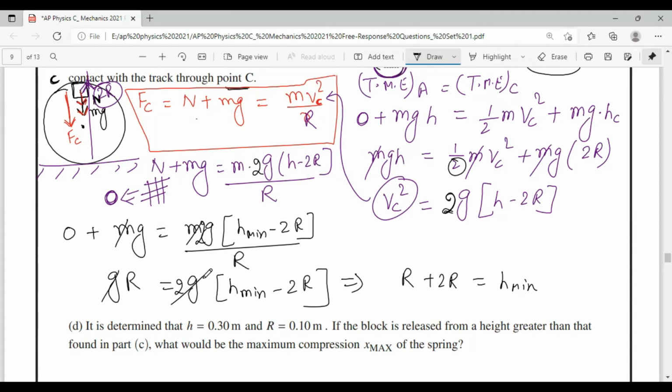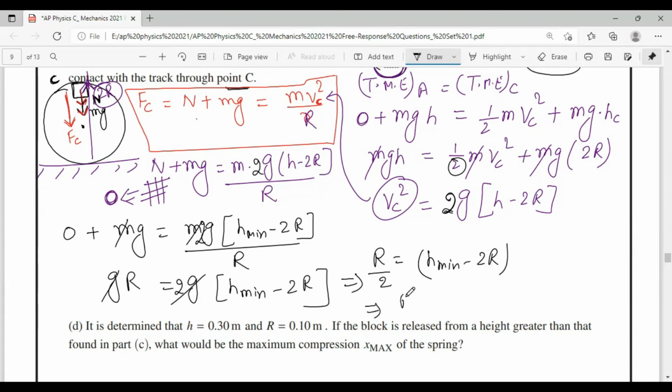So what will this be? This will be r by 2 is equal to h minimum minus 2r.